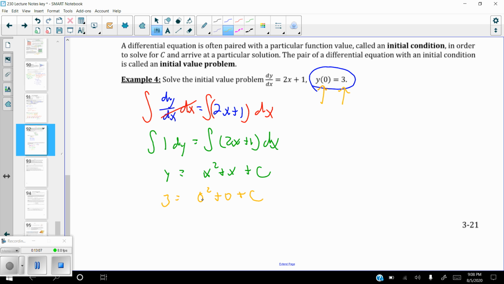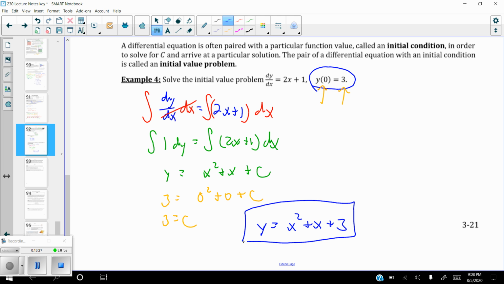And of course, 0 squared plus 0 is just 0, so we get that c is 3, which makes our actual particular solution to this y equals x squared plus x plus 3. And that is how you do an initial condition problem. All right, probably the shortest video that we've done in quite some time, but there you have it.